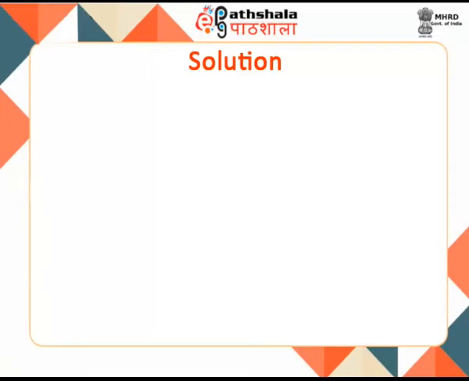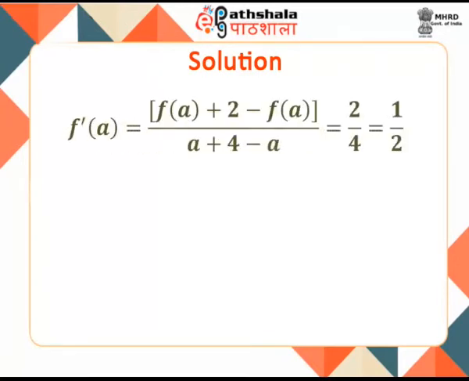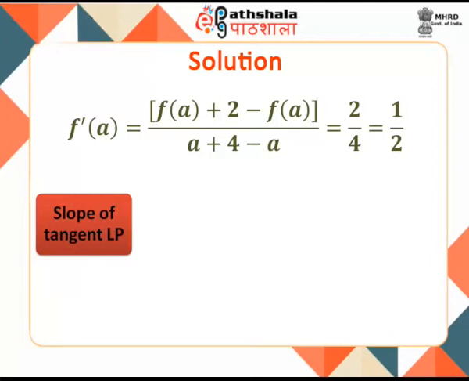We have f dash a is equal to f of a plus 2 minus f of a by a plus 4 minus a, which is equal to 2 by 4, equal to half. Thus, the slope of the tangent LP at point P is half.